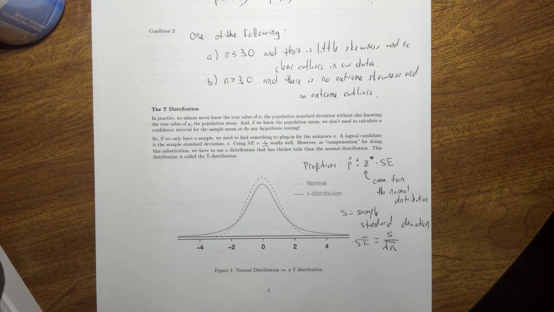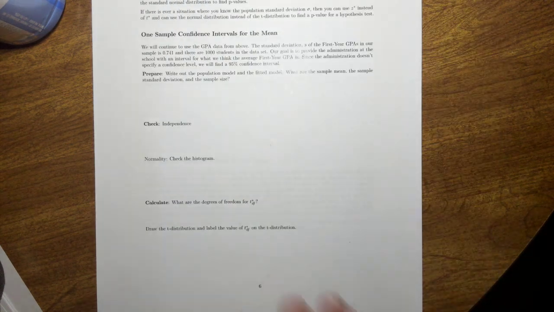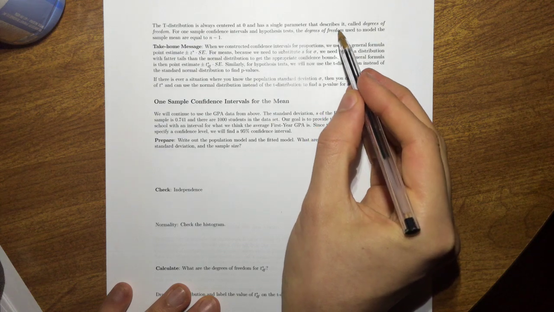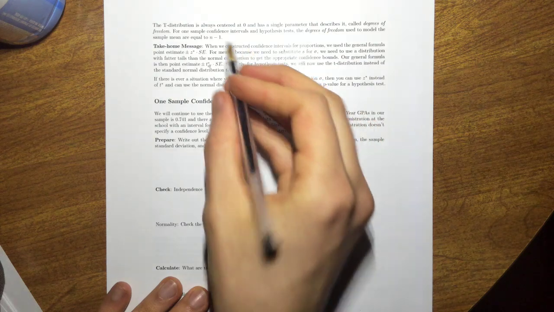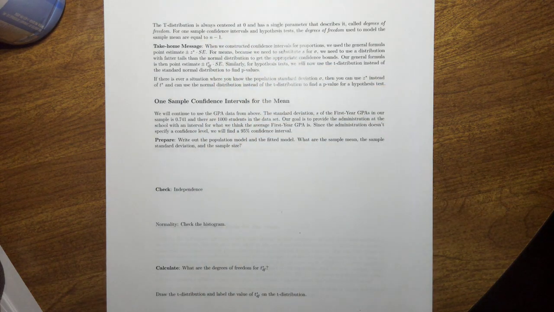But instead of using the normal distribution, we're going to use the t distribution from now on. How fat the tails are is controlled by something called the degrees of freedom. In the simplest possible setting, the degrees of freedom are always equal to n-1, which is our sample size minus 1.